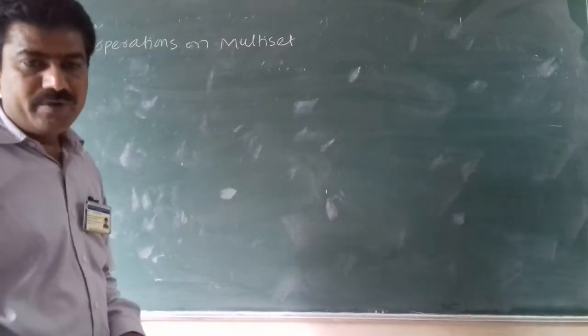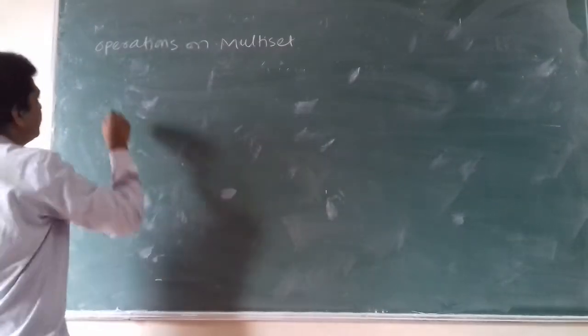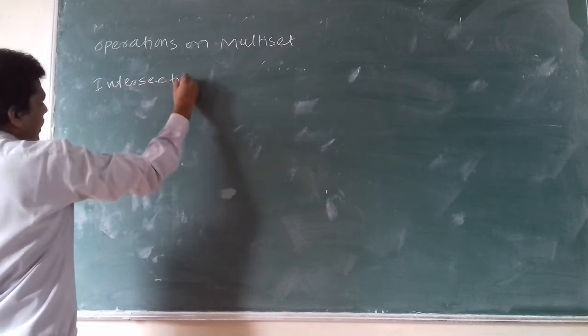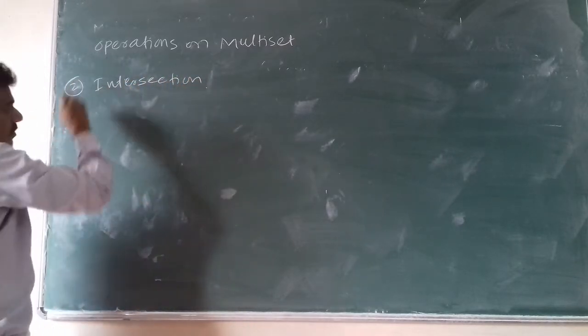Now the second operation is the intersection. Intersection of the multiset.